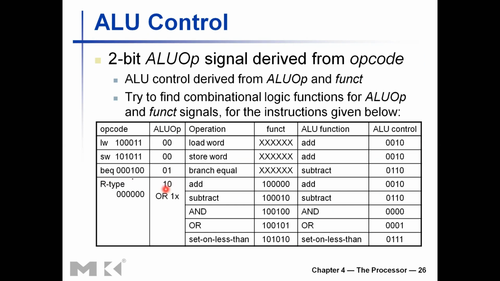So this is only considering our subset of instructions. So the value for ALU op, the 2-bit signal, is 1 and 0. And when the ALU control circuitry receives that, it will also look at the func field, since this is an R-type instruction, and generate the ALU control signal accordingly.